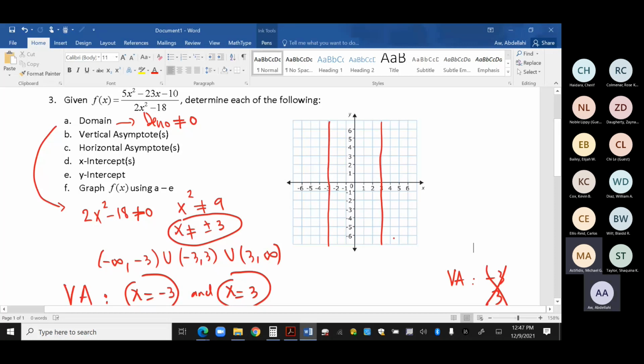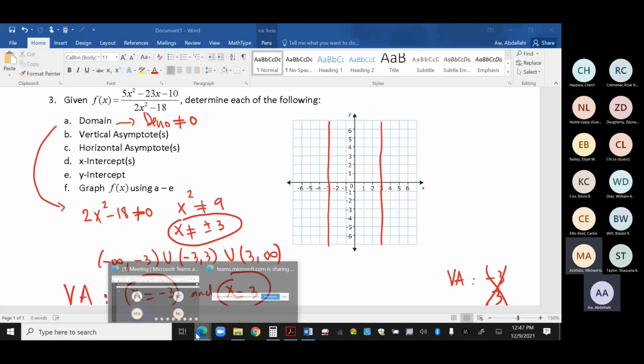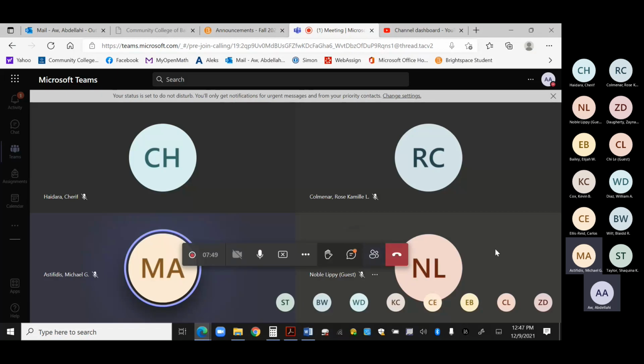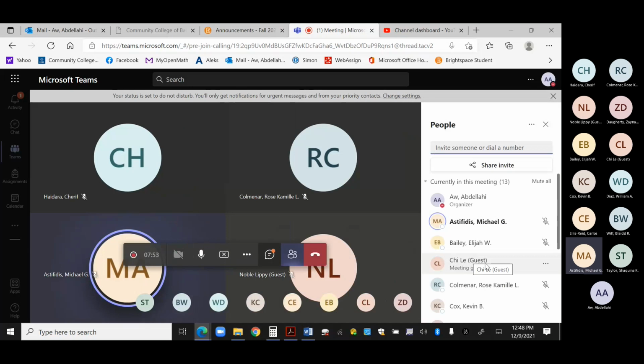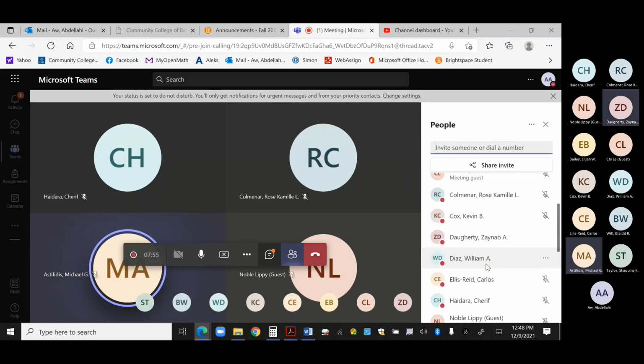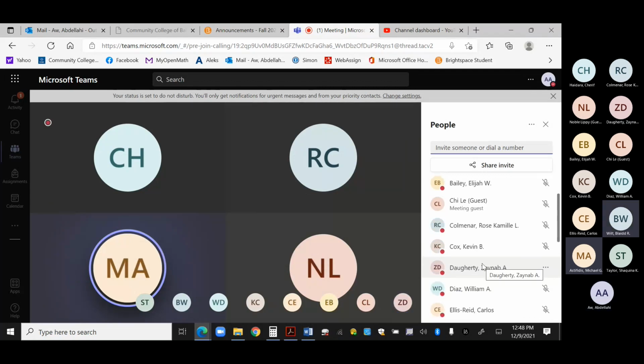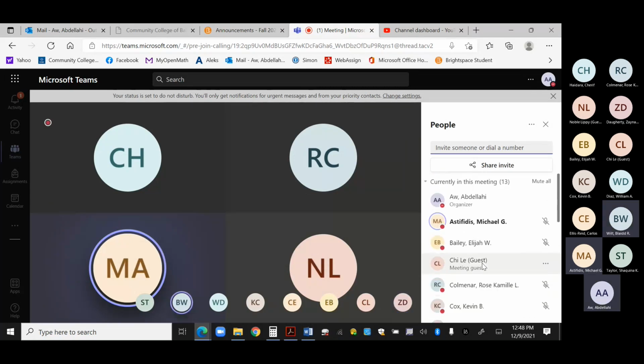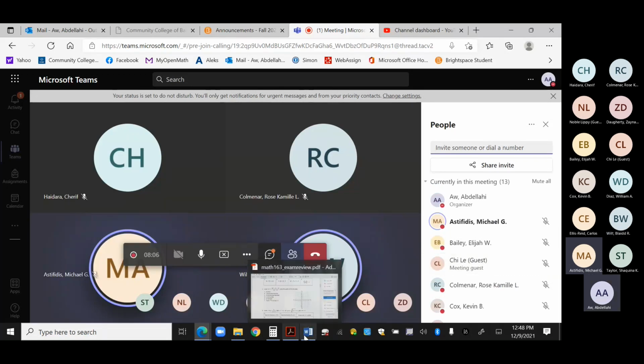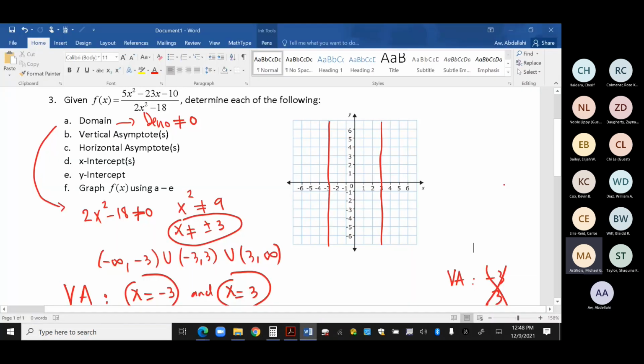Horizontal asymptote. Can somebody tell me, what do we compare to come up with a horizontal asymptote? We compare the leading coefficients if the degrees are the same.